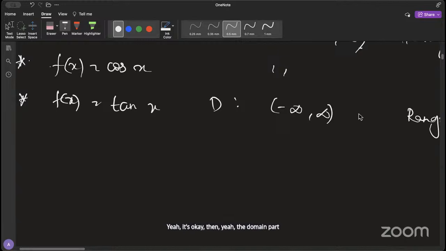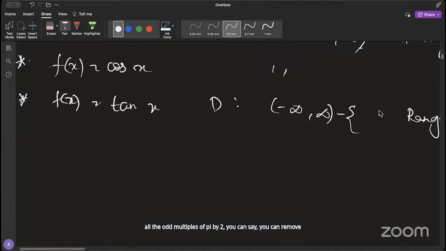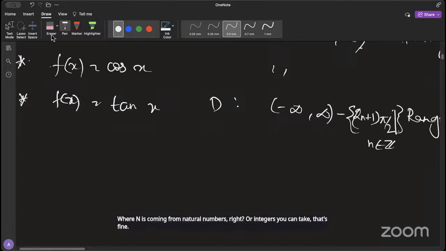We have a problem at all the odd multiples of pi by 2, so you can remove them, or let me just write 2n plus 1 times pi by 2, where n is from natural numbers, or integers you can take, that's fine.